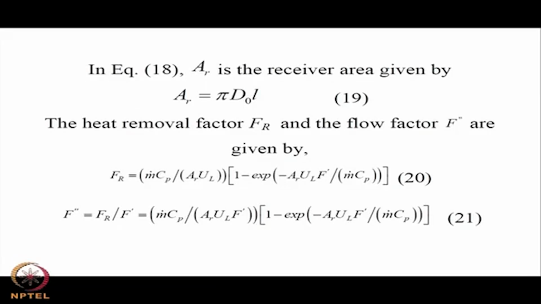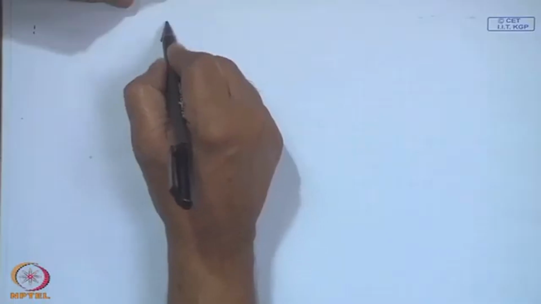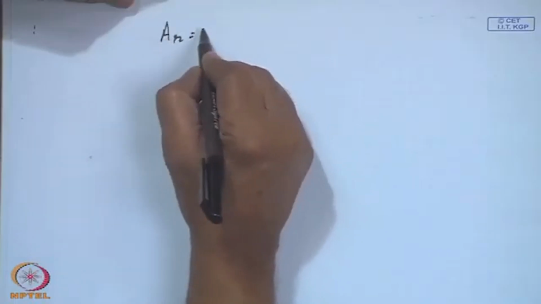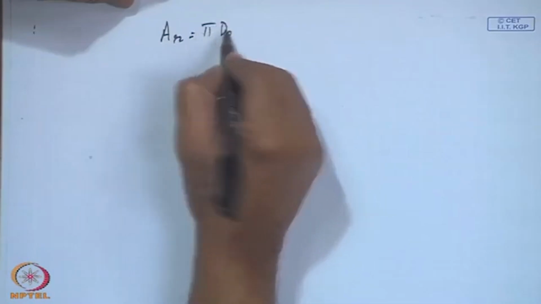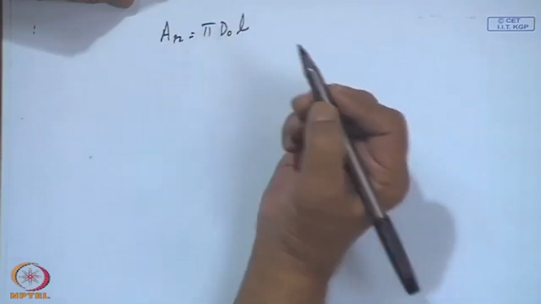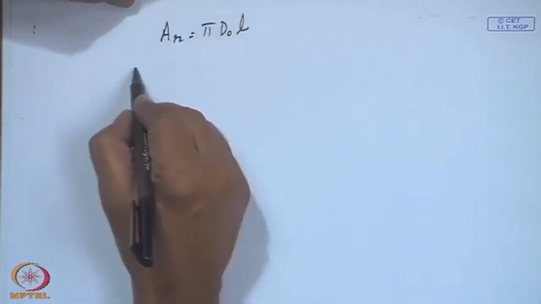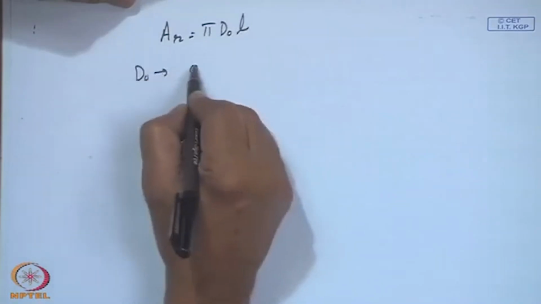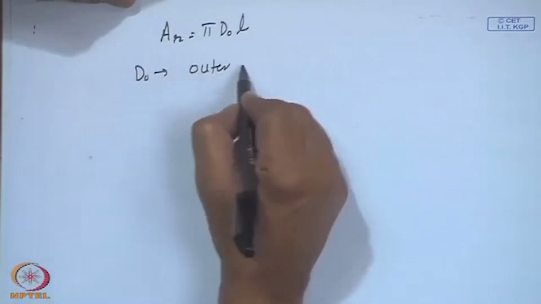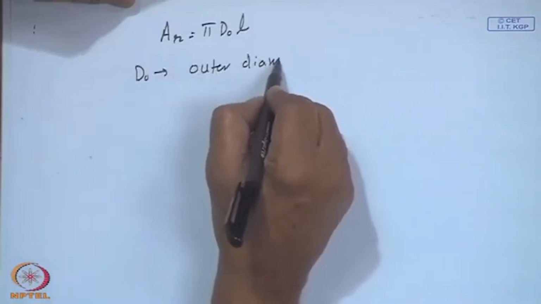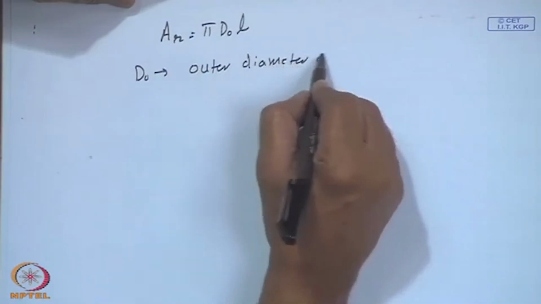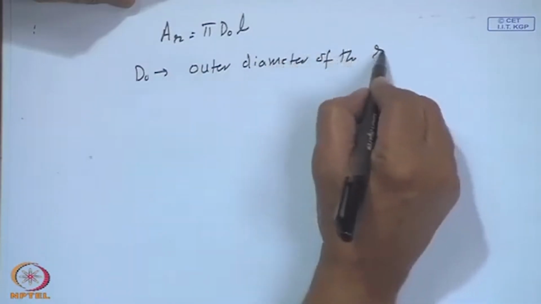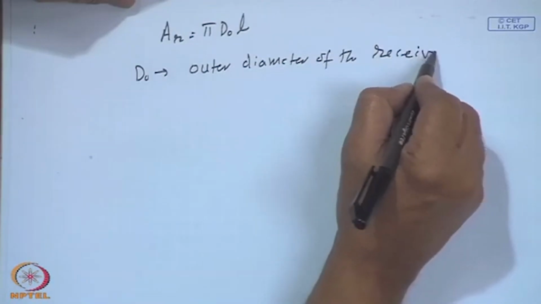Now, just to be clear, area of the receiver will be pi d naught into L, where d naught is the outer diameter of the receiver tube.